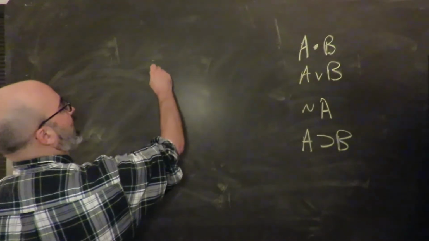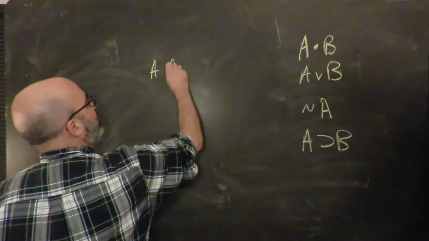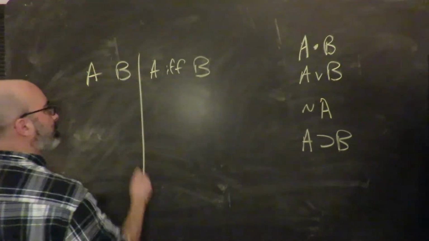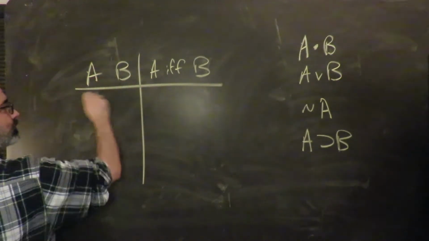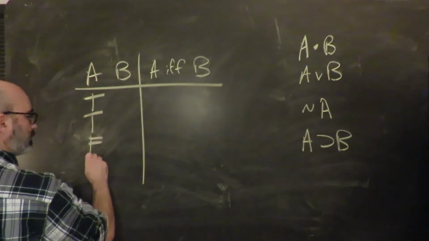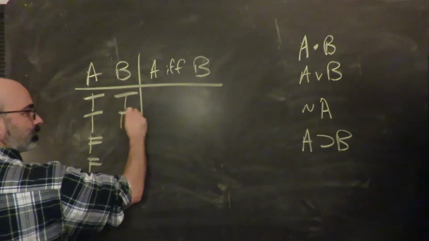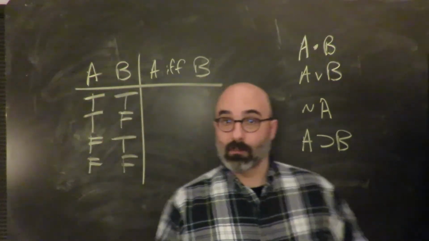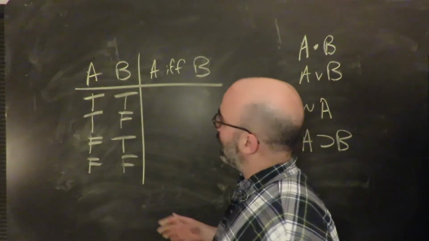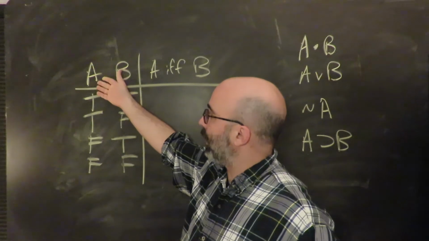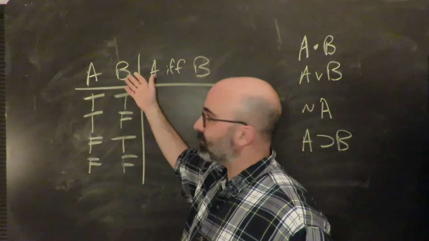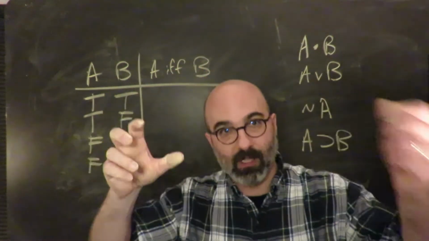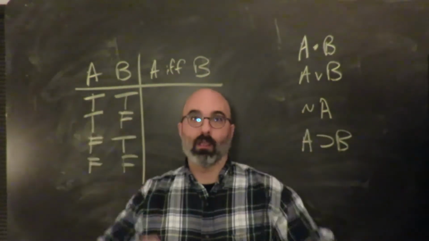So if I say something like A, if and only if B. In this case, if I say something like, I'll wash the dishes if and only if you wash the car, right? So that's the claim, that's our promise, right?